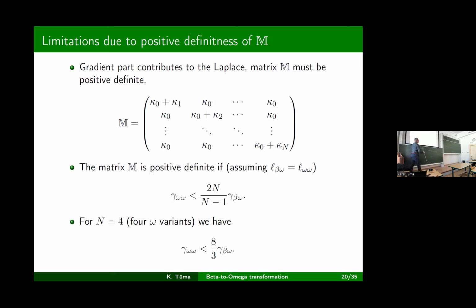If you check what it means, assuming that all interface thickness parameters have to be the same to satisfy the evolution consistency, we find the relation between the interface energy density between two variants of omega and the interface energy density between beta and some variant of omega. It looks like this. And in our case, when we are interested in beta and 4 variants of omegas, it means that gamma omega omega has to be less than 8/3 times gamma beta.